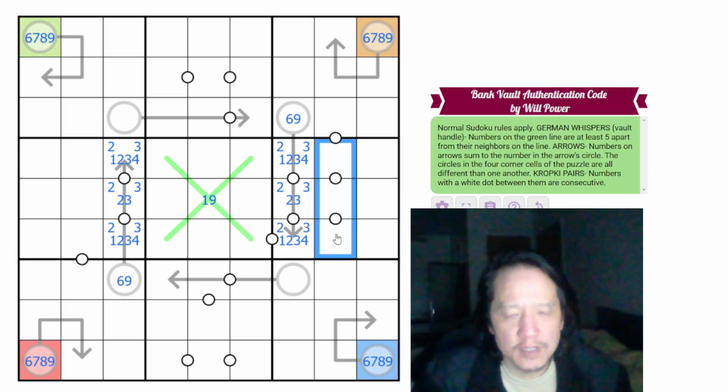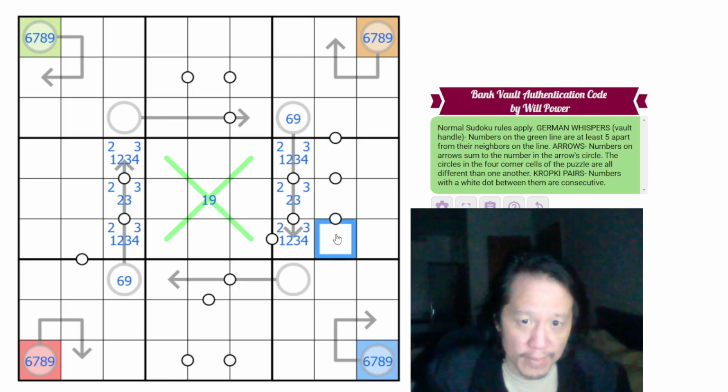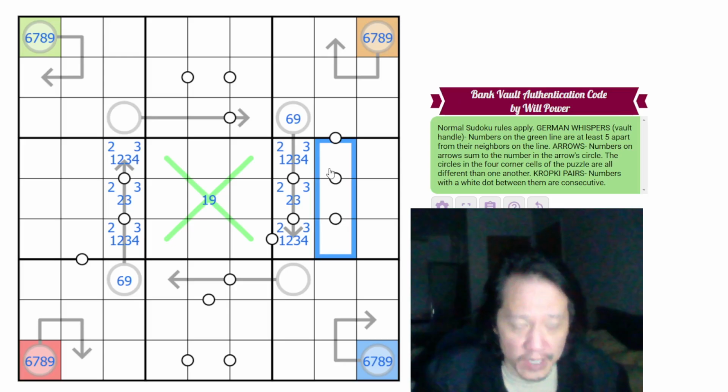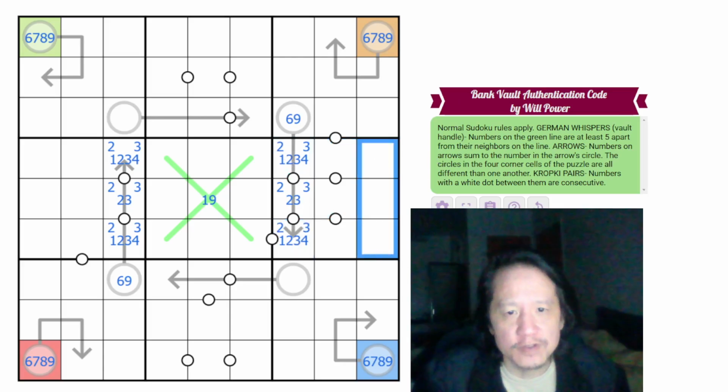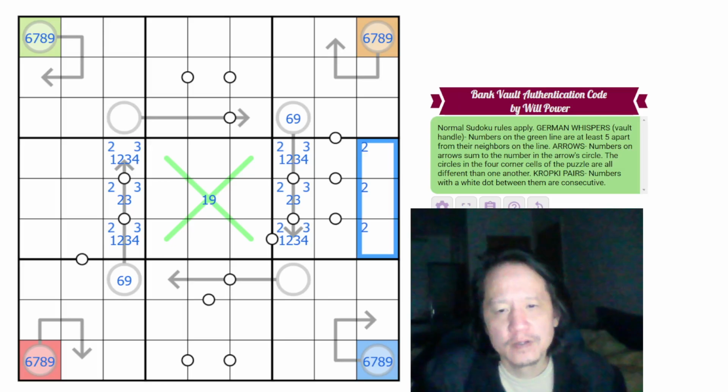So none of these can contain 2 or 3. Therefore, they also can't contain a 1, because 1 can only be next to a 2. So 1 is either one of these two cells, or it's one of these 3, right?